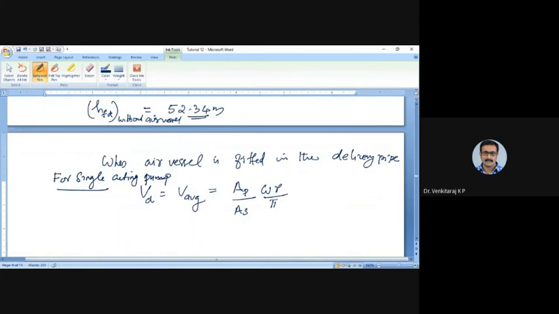Now let us find out the frictional head loss when the air vessel is fitted.